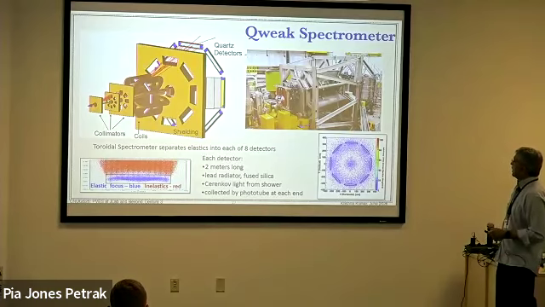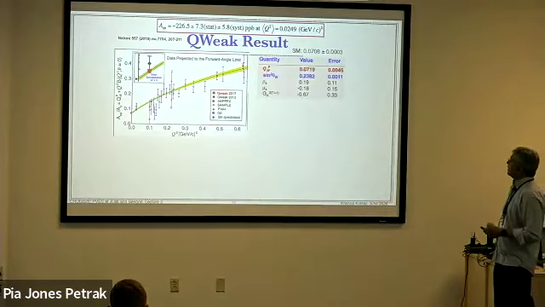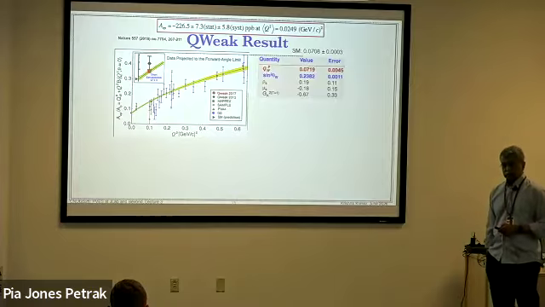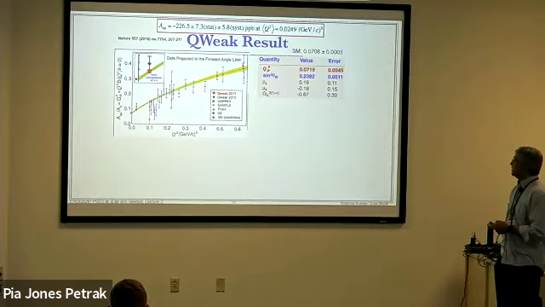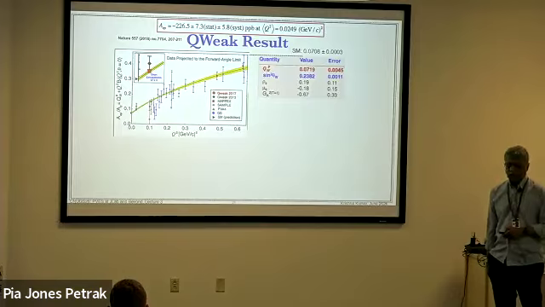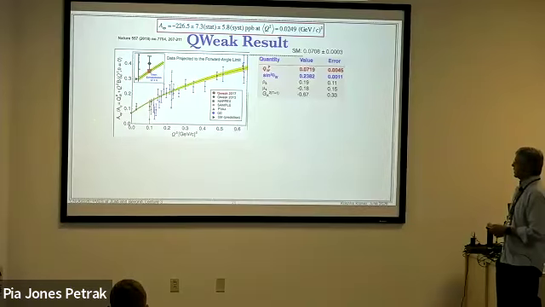And so this experiment was done and got a very precise number, which is shown here. What are all these numbers? You have to wait for the next lecture, because these are the other experiments that were done previously, but it allowed you to get a very clean extrapolation of this to Q squared of 0, which is the standard model test. Okay, so that allowed you to get to the weak charge of the proton. This was the final result.